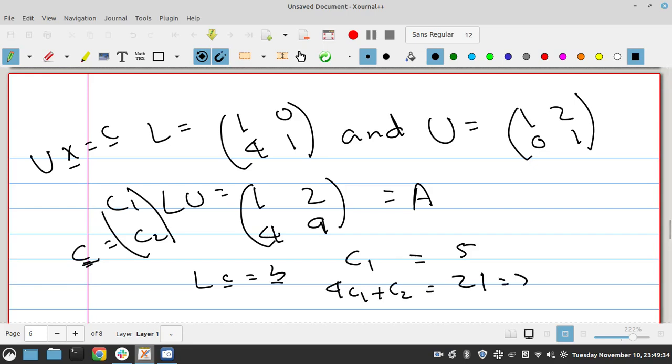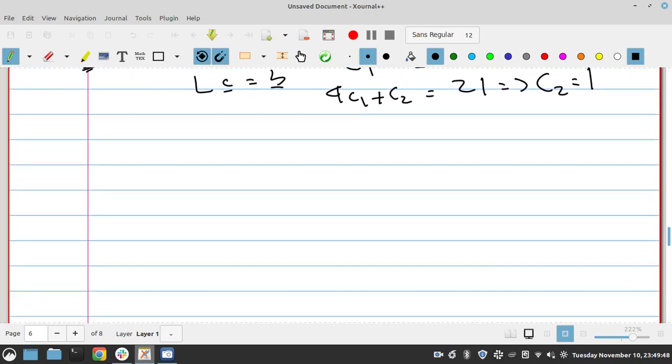This last equation gives us C2 equals 1, since 4 times 5 is 20. So C is this vector, 5 and 1.